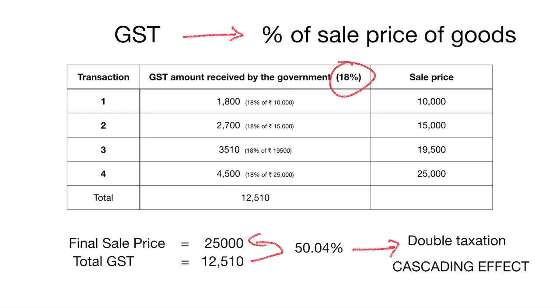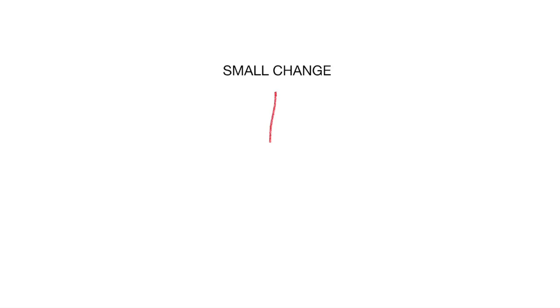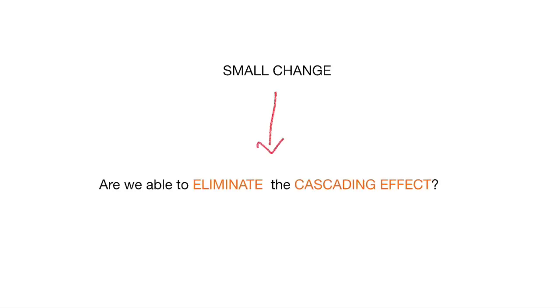Now, we will do one thing. We will see the same transactions again, but with a small change, and see whether with this small change, we are able to eliminate the cascading effect. Let us begin. A small change that we are going to make is, see, all the calculation that we did above was correct. We charged GST on sale price, which is no doubt correct.